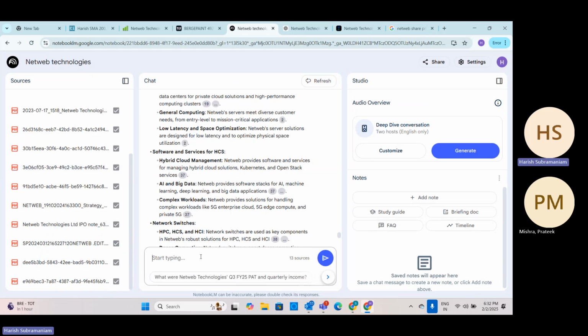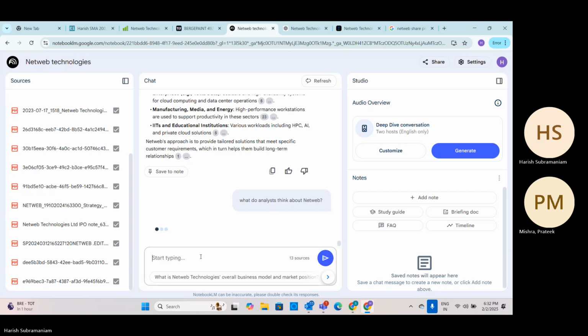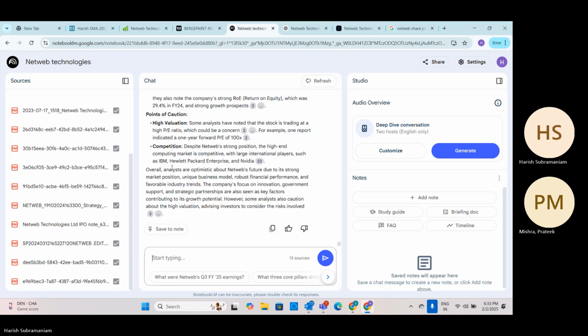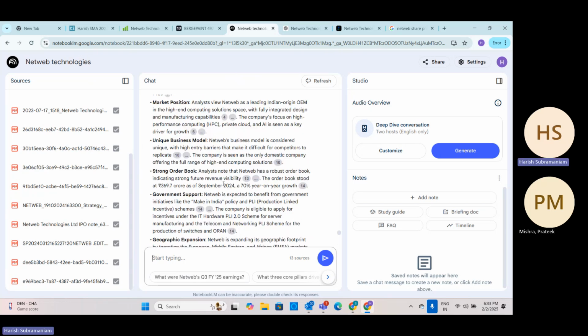And then after adding it, we can ask the question: what do analysts think about NetWeb? So what are they saying?